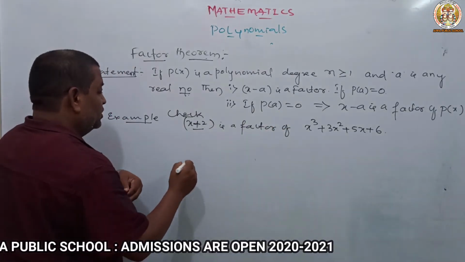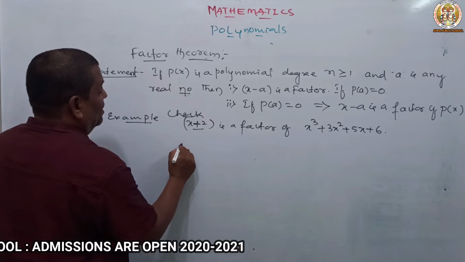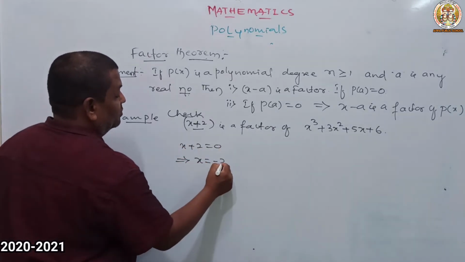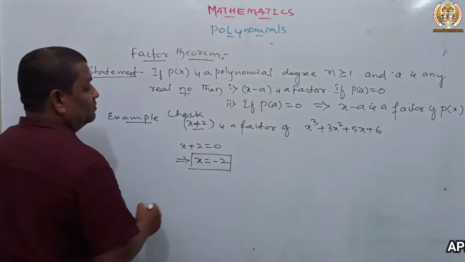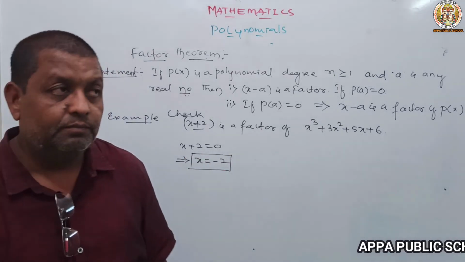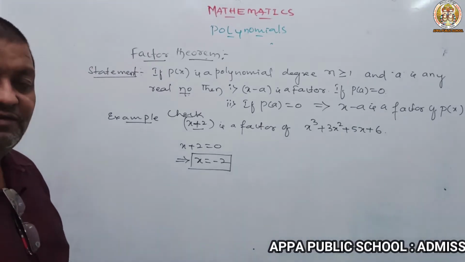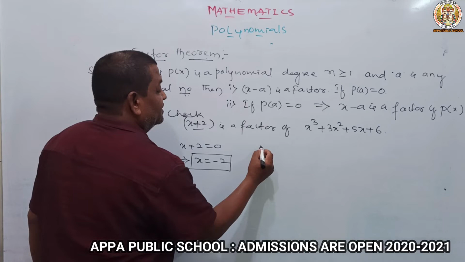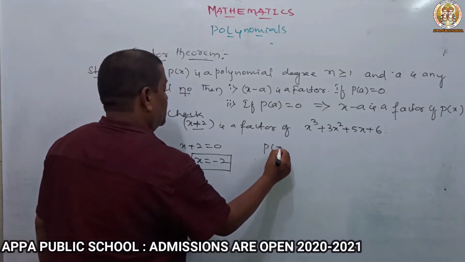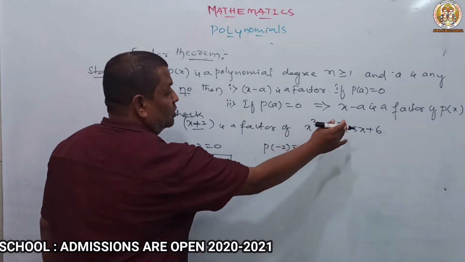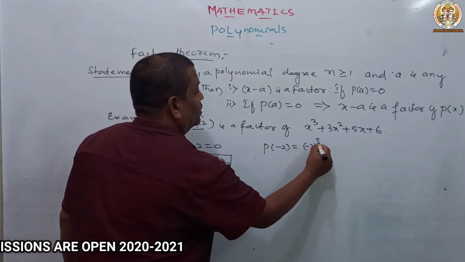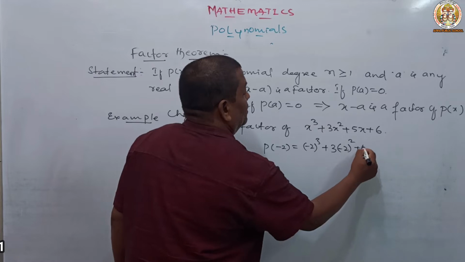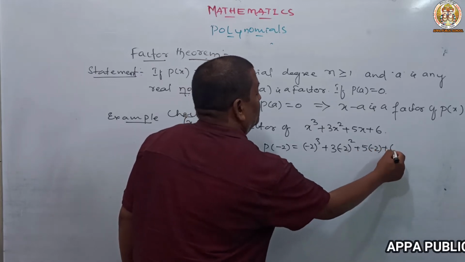As usual, we know that x plus 2 is equal to 0. It implies x is equal to minus 2. By equating the factor to 0, we get the x value. Substitute in this. Now, p of minus 2 is equal to minus 2 whole cube plus 3 of minus 2 square plus 5 of minus 2 plus 6.